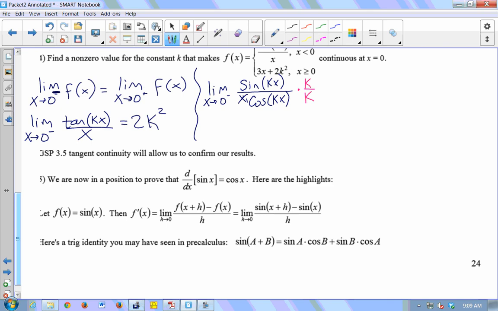And I will get the limit as x goes to 0 from the left of sine kx over k times k over x cosine kx. I need that to be a kx, right? Yeah. So I'm going to multiply by kx over kx.